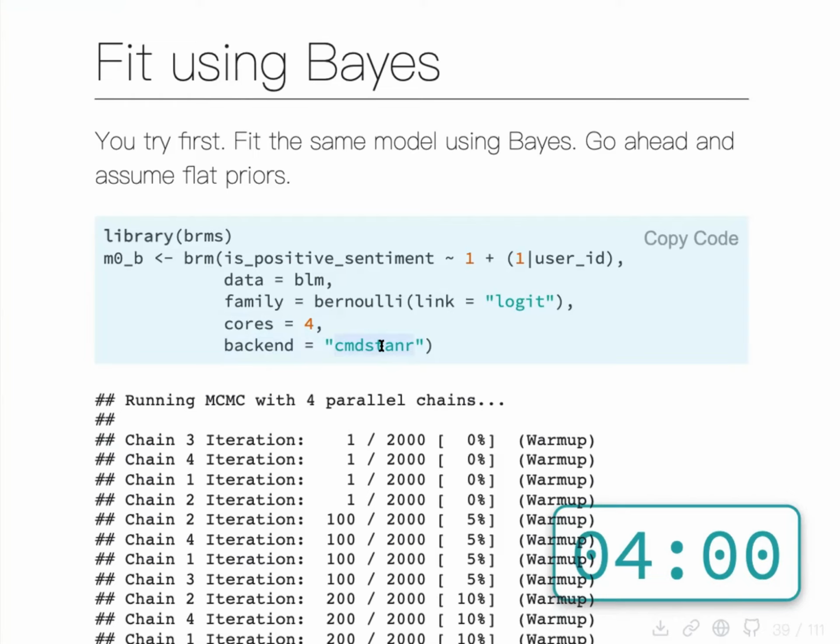That's because it's going to install a different thing on your computer that's for the command line rather than R. Then you specify the backend like this, and it'll actually call your terminal from your computer and run the program there and then bring it back, which is a little bit faster. It's not gigantically faster, but it is faster.